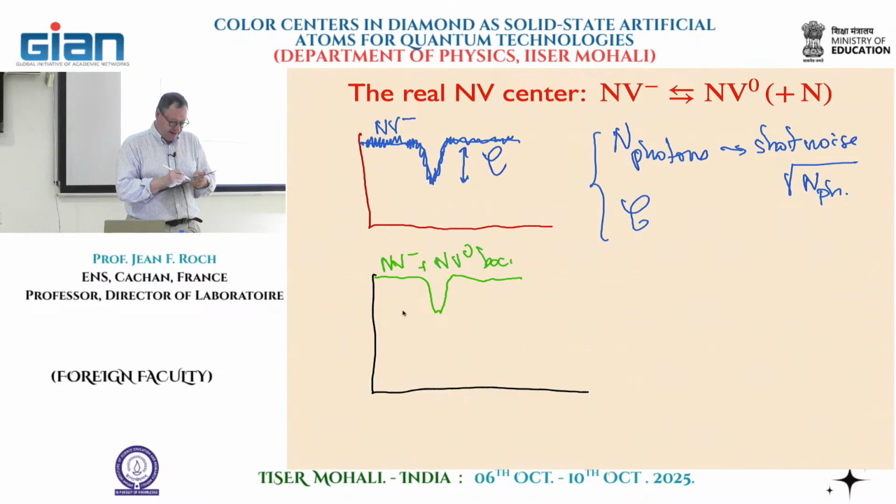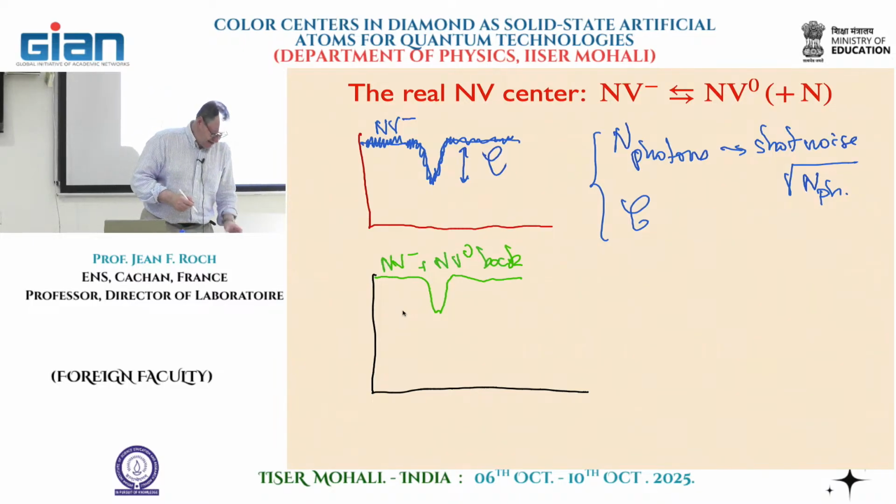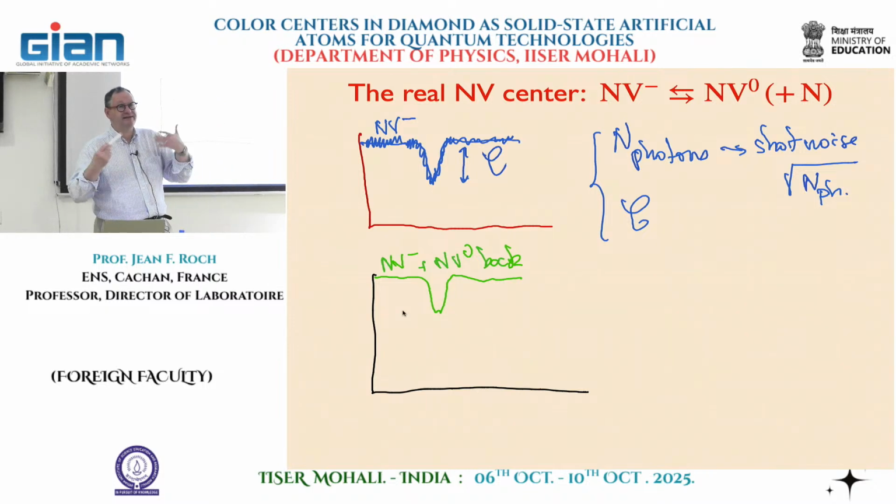It means that my contrast is significantly reduced. Anything that brings parasitic fluorescence will decrease the contrast value and will directly impact the sensitivity.